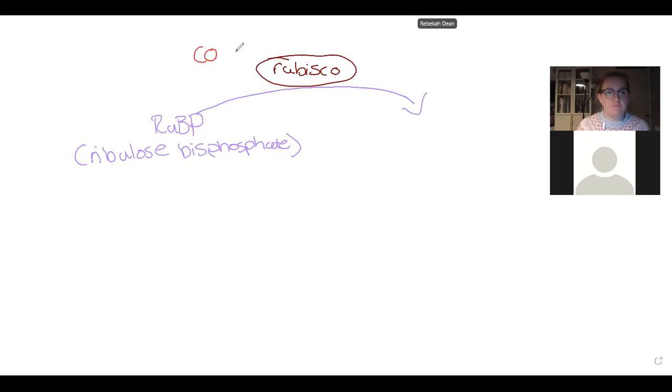So we've got our CO2 coming in here. RuBP is a 5-carbon compound. CO2 is a 1-carbon compound. When they bond, they make a 6-carbon compound, which is really unstable, which breaks down immediately and forms 2 glycerate 3-phosphate molecules, which is 2GP.